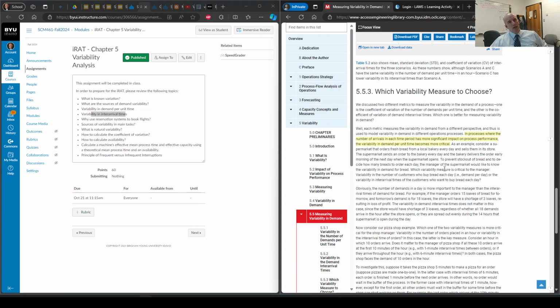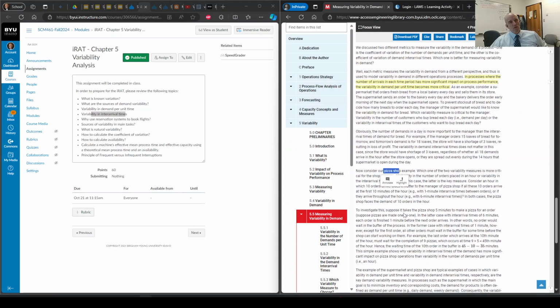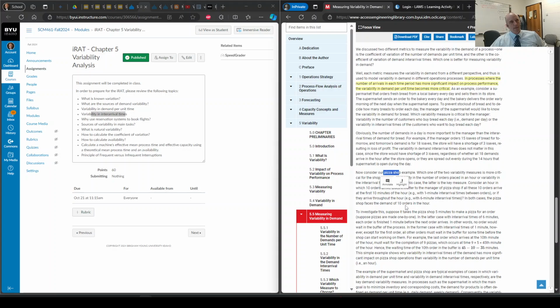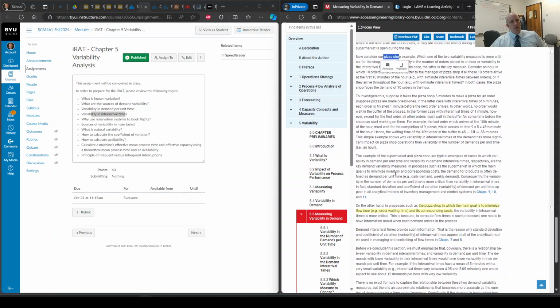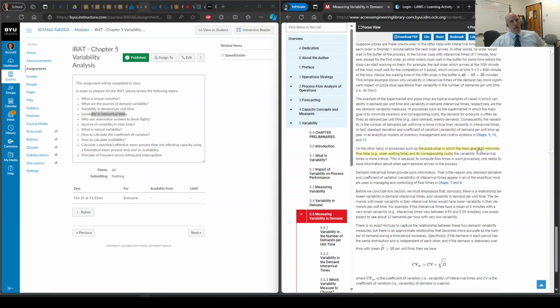And it goes on to say that the local bakery is interested more in daily sales, but the pizza shop example is more interested in the inter-arrival times. And so this section talks about both demand per unit and inter-arrival times. In a pizza shop, which the main goal is to minimize the flow time or order waiting time and its corresponding costs, the variability in inter-arrival time is more critical.